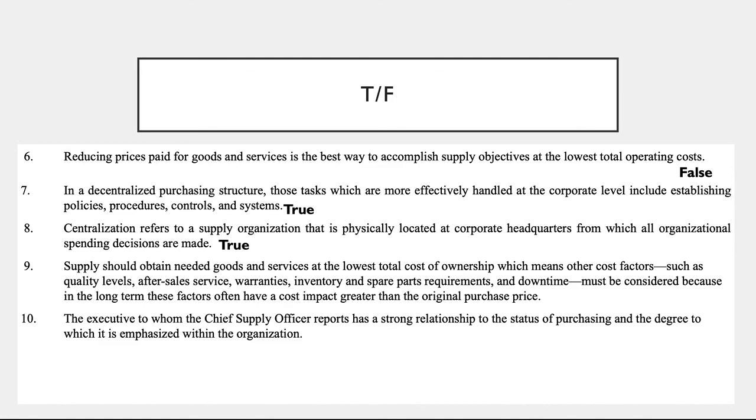Again, this statement is true. And for the last statement, the executive to whom the chief supply officer reports has a strong relationship to the status of purchasing and the degree to which it is emphasized within the organization. Again, this statement is true.